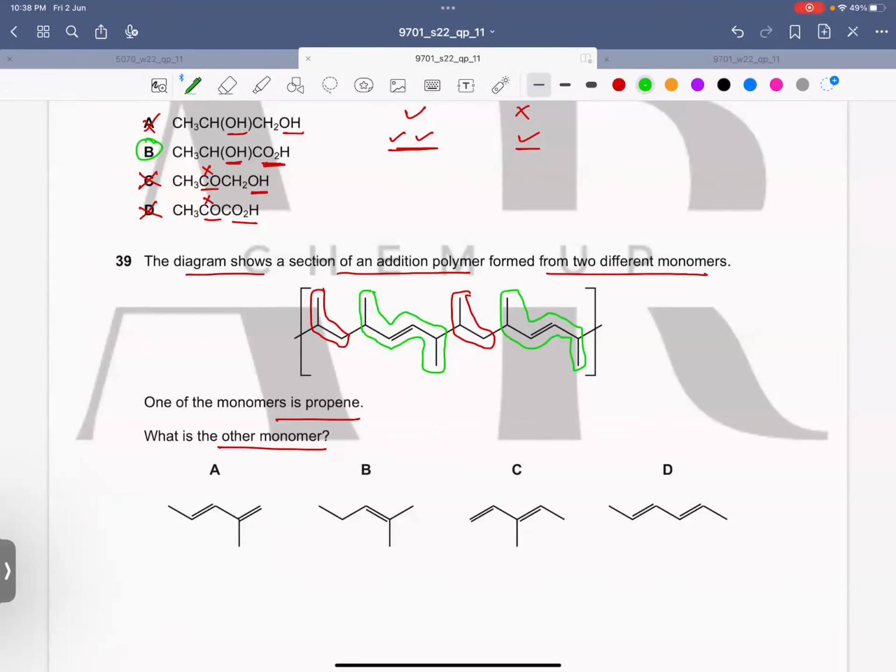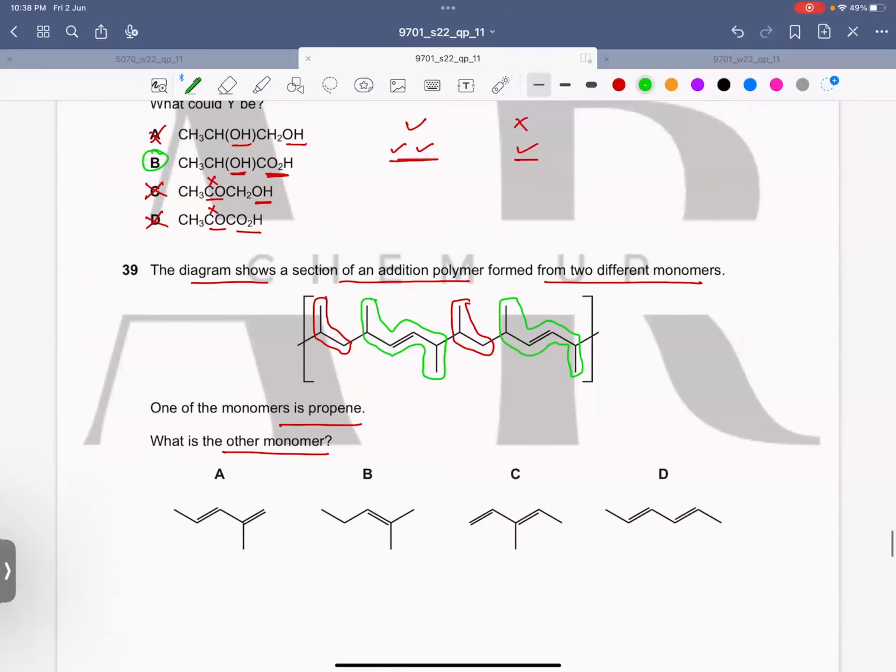If you look at the other fragment that we have identified from the structure, there is a double bond over here. If you count the number of carbons, 1, 2, 3, 4, 5, 6. And you see there is no branch, right? Which makes A and B wrong.